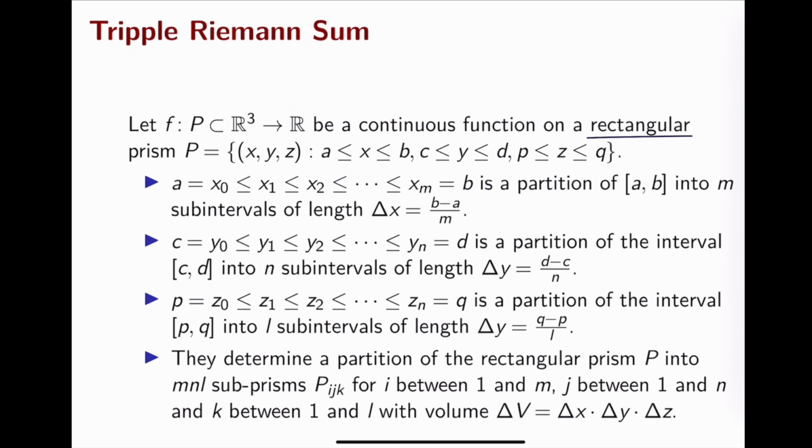So a prism P is going to look like something like this, where the x varies between A and B, the y varies between C and D, and the z varies between P and Q.